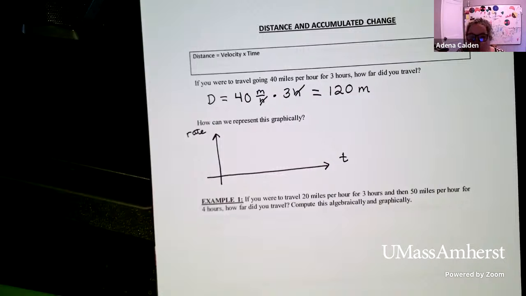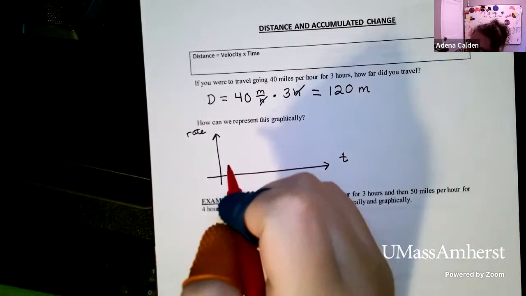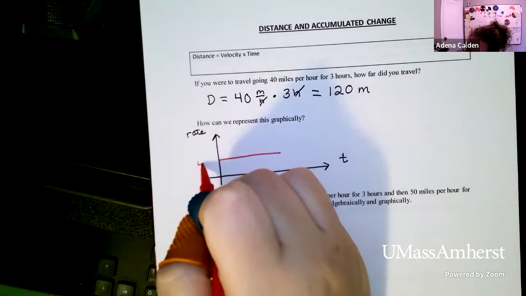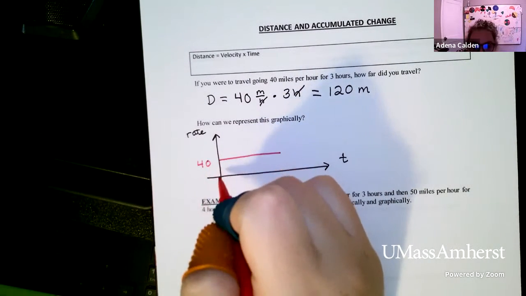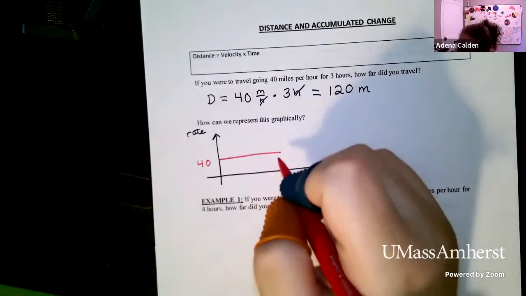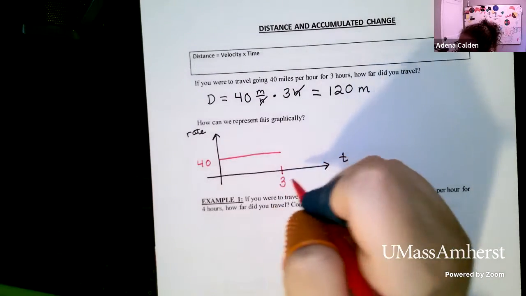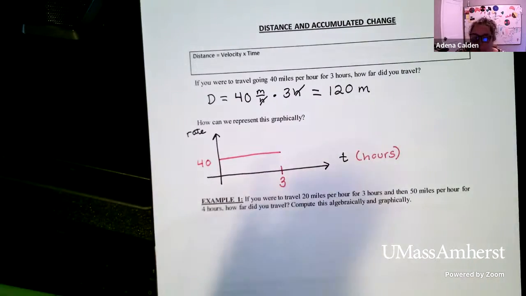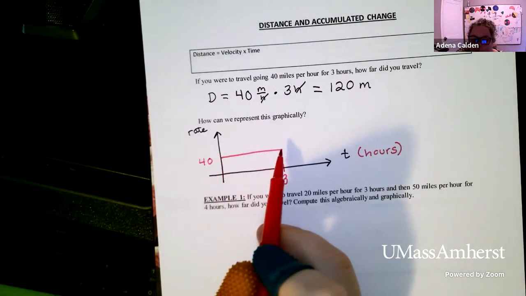How do we graph 40 as a rate, right? So 40 is a constant. So we have some number, and it's 40 the whole time, but for how long? Well, for 3 hours, right? So time will be in hours. We go 40 miles an hour for 3 hours, right?